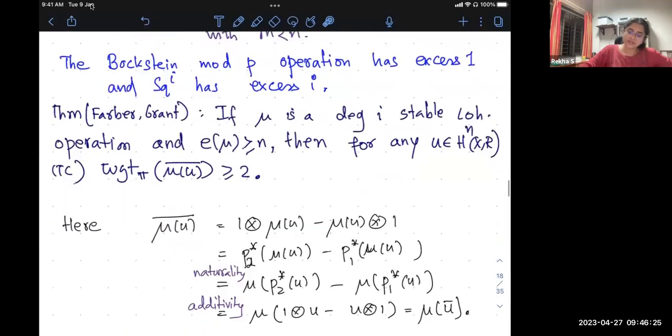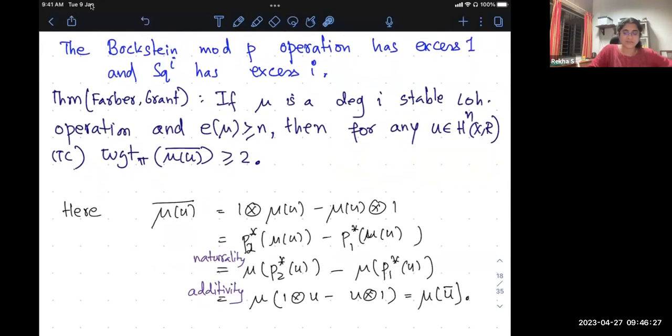So what they showed is that if you start with a stable cohomology operation mu of degree i with excess bigger than or equal to n, and you pick any cohomology class u in H n of X, then the TC weight, I mean the weight with respect to the fibration that we care about for TC, of this particular element is greater than or equal to 2.